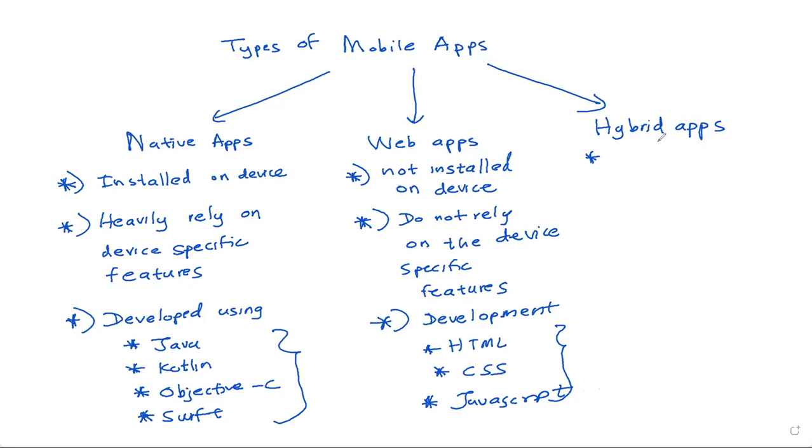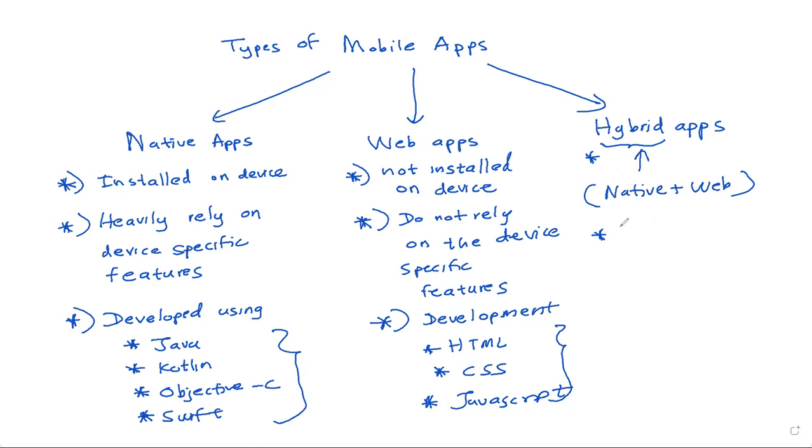And then when we talk about hybrid apps, hybrid means it is a combination of both the native and the web application features. Therefore, it is an app that uses both the resources in the web browsers and also the device specific features. When we talk about this hybrid app, there's no necessity to install it on the device.